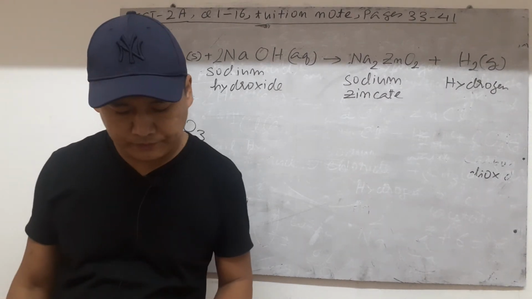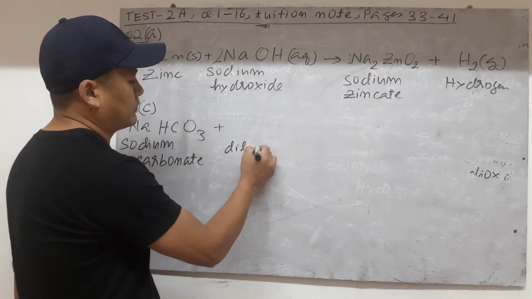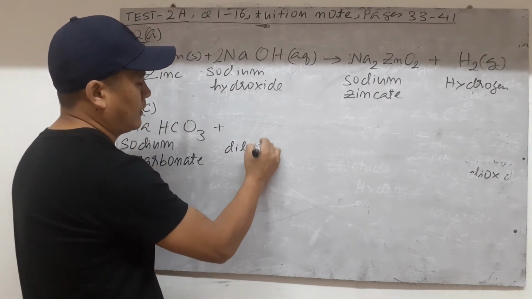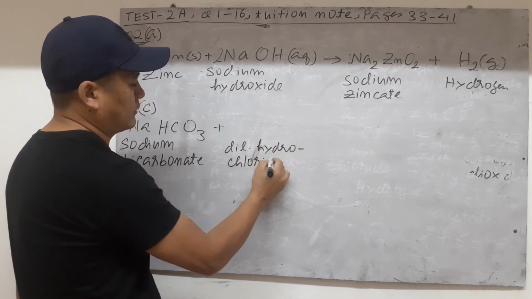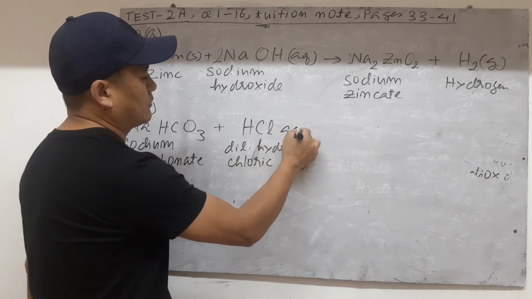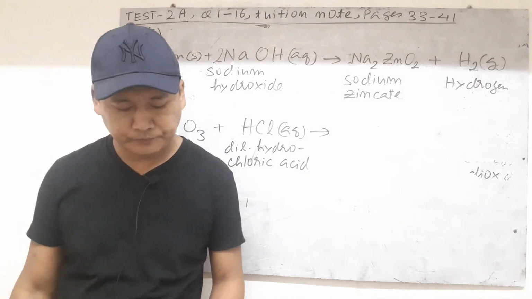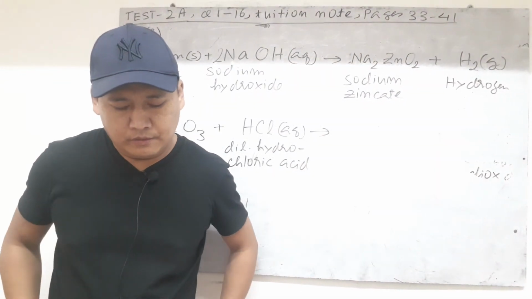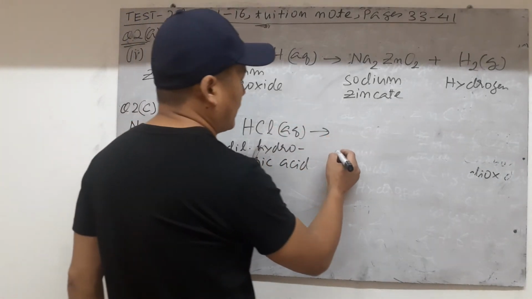Then react with dilute hydrochloric acid, so plus, below that you write dilute hydrochloric acid, and write the formula for that, HCl(aq). Then as you go on, it produces sodium chloride, water, and carbon dioxide, same as the previous one.